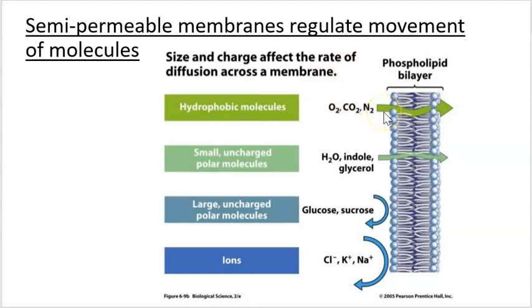Various hydrophobic molecules are going to run into problems because they can't go across those charged outside layers right there. If you're small and uncharged or polar, sometimes you can go through just because of your size. But if you are large and don't have a charge, or if you are ionic, you are literally going to bounce off of that membrane there. So those molecules aren't going to be able to go across easily.